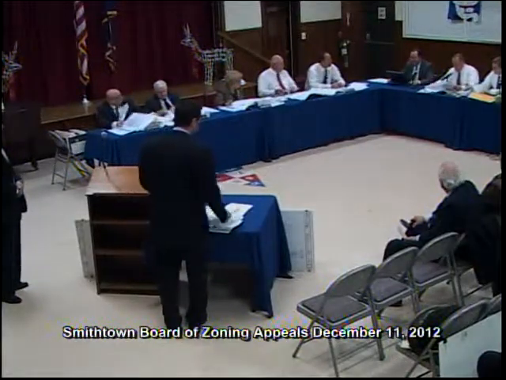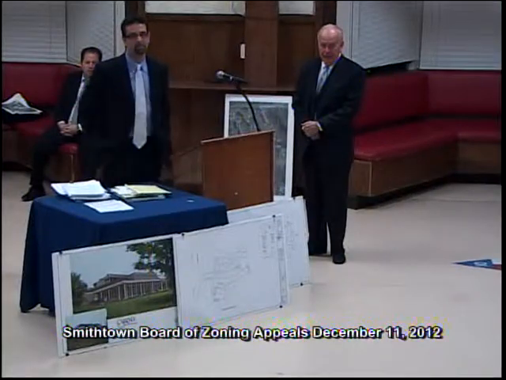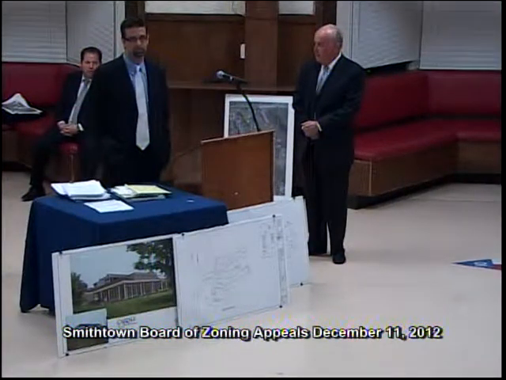Sure. As you're aware, you saw the planning advisory report, and from the beginning, our primary concern about this whole proposal has been the parking area. I don't think there was ever any objection to what they're proposing to the building. They were proposing approximately 100 new parking stalls, but the first proposal that we saw seemed to be at the expense of the residents there, specifically the first couple houses.